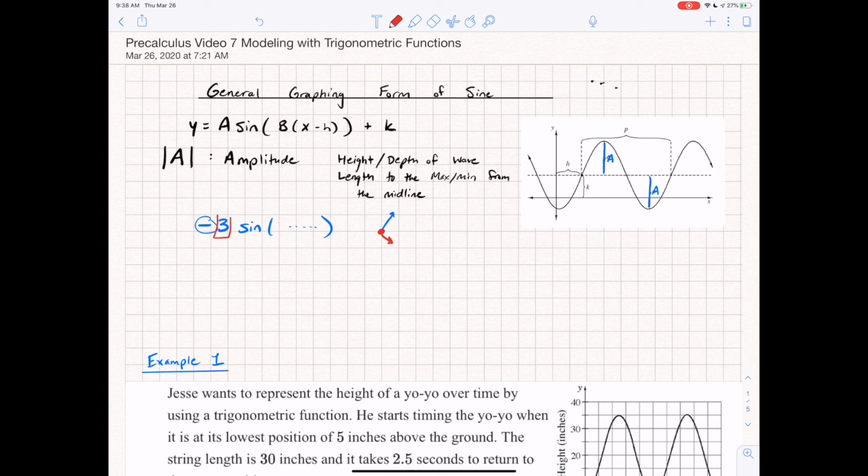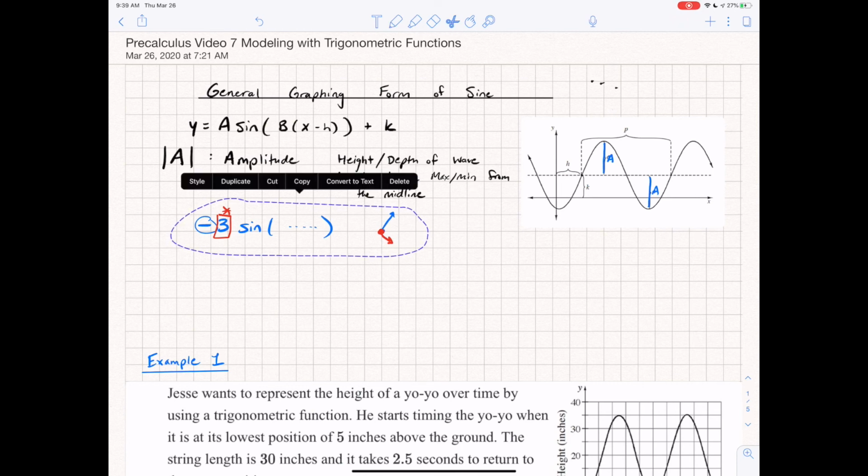The 3 is still dictating the length to the max or min from the starting point. So no matter which direction I go, we're still only going to travel 3 units. And thus in the true definition, you see an absolute value, because it's the number that matters, not the sign. So make sure when you give your amplitude, you always give the positive value. And if you were asked to sketch or look at the graph, make sure you're using a negative when appropriate. I'll show you an example of that when we get to example 1.